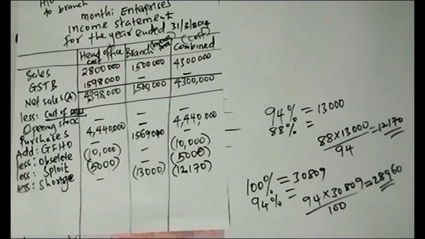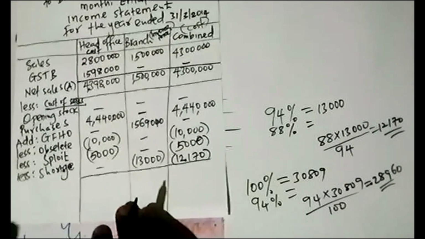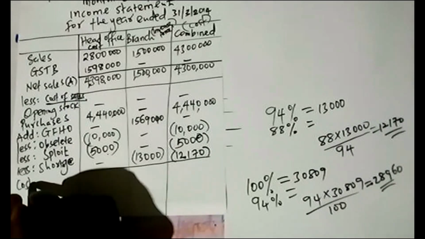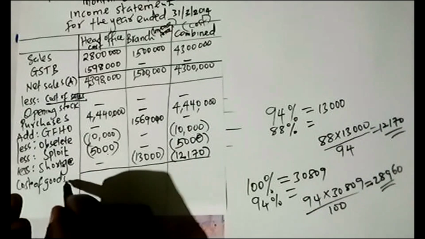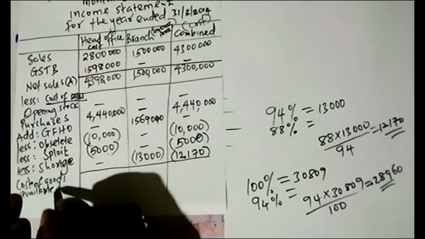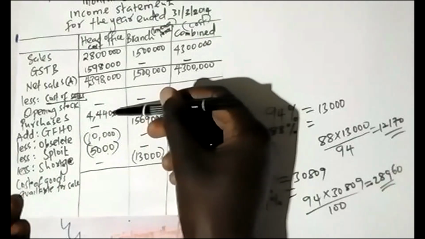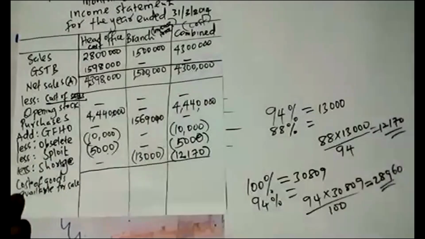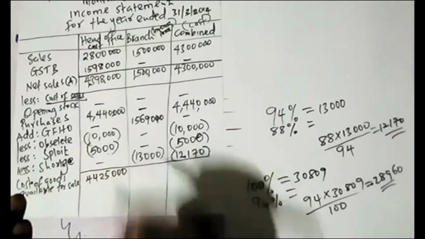So up to that point, we are done with the adjustments we are supposed to make, so that I will get cost of goods available for sale. Cost of goods available for sale, remember I will take my 4 million minus 15,000. That is 4,425,000.